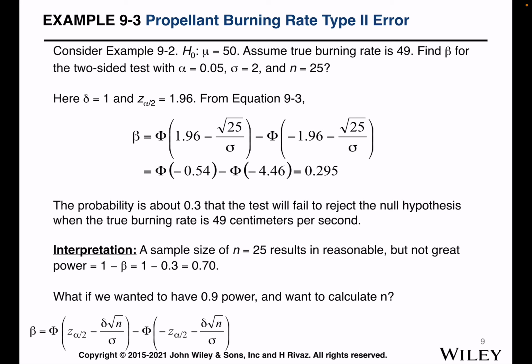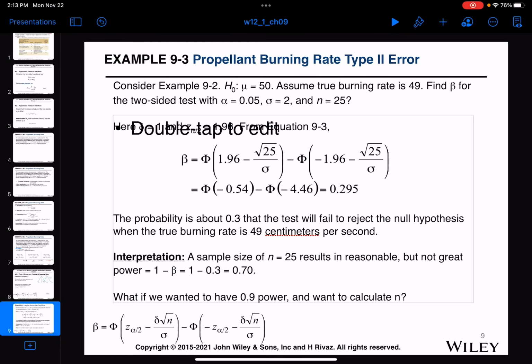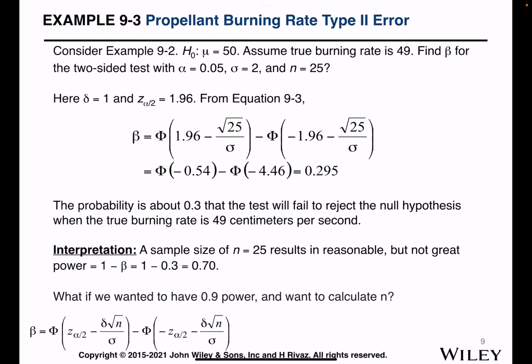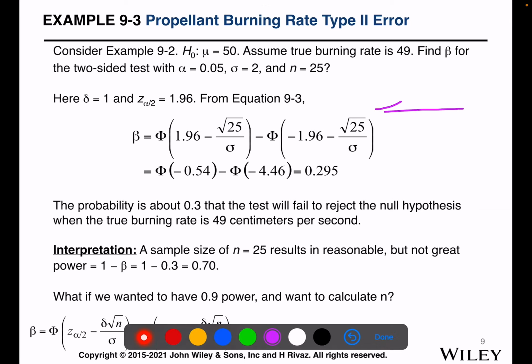So if I draw, let me, so with 25 samples, this area under the curve was 0.295, right? And this is for n equal to 25.